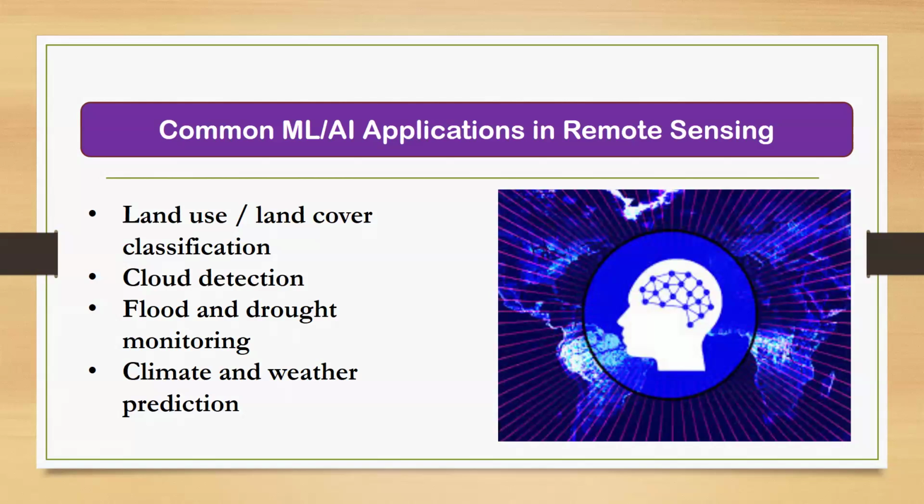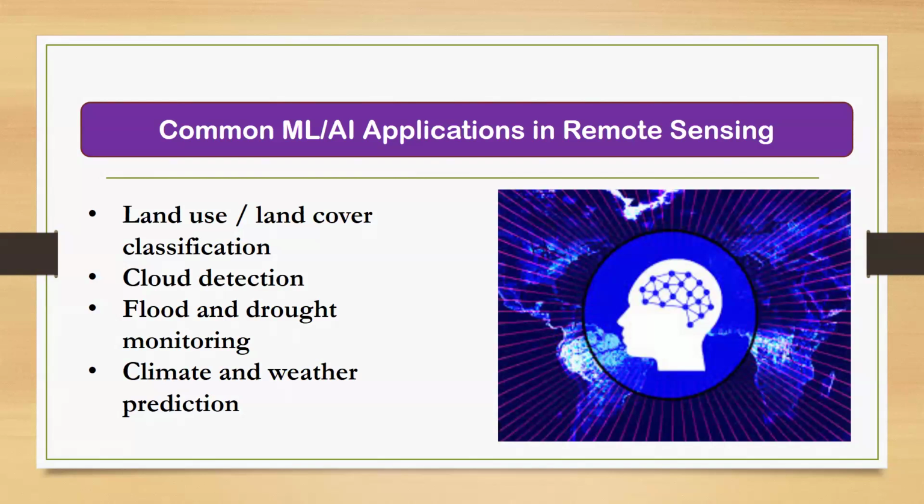Then there's flood and drought monitoring. You can also use AI to monitor what is happening in a picture, whether there's going to be a flood, especially when you collect images over time. The AI can see progression in those images and be able to say that this area is becoming prone to flooding, or to drought.